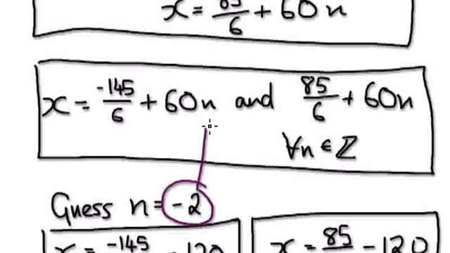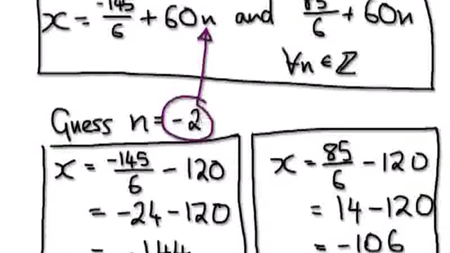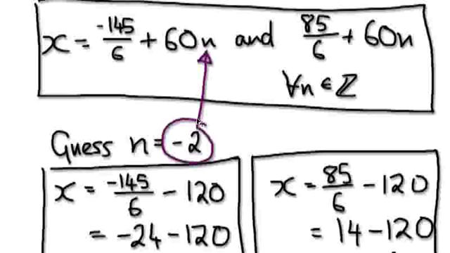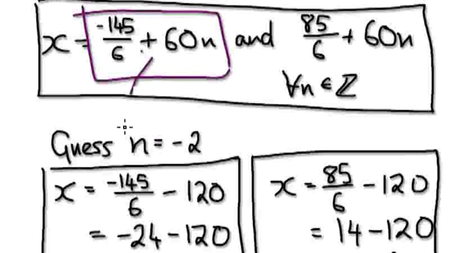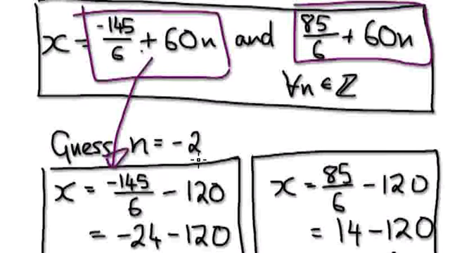So let's put negative 2 into this n here. When n is negative 2, our first set of solutions is this box here. Let's see if this whole x lies within our range.